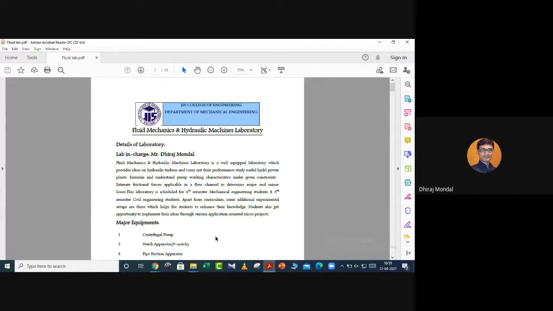Some overview will be given to students, and from the next day we will perform the experiments. And if they are coming, then most welcome. Then the experiments will be performed very well. So that is why I am just giving them 1 day. If they are coming, then it is very good, I think. Then 2 days will only be the introduction part. After that, I will be finishing the class.